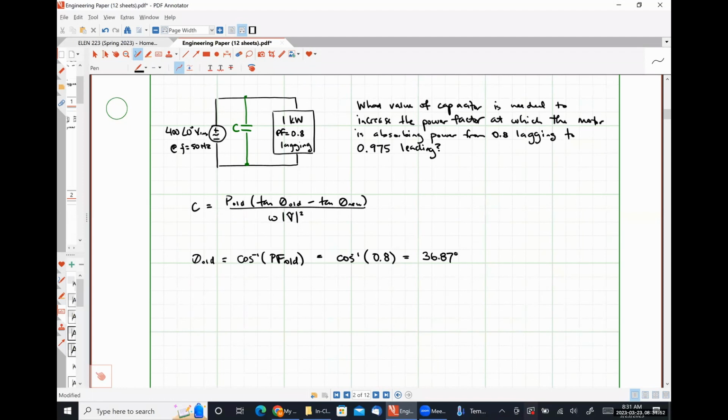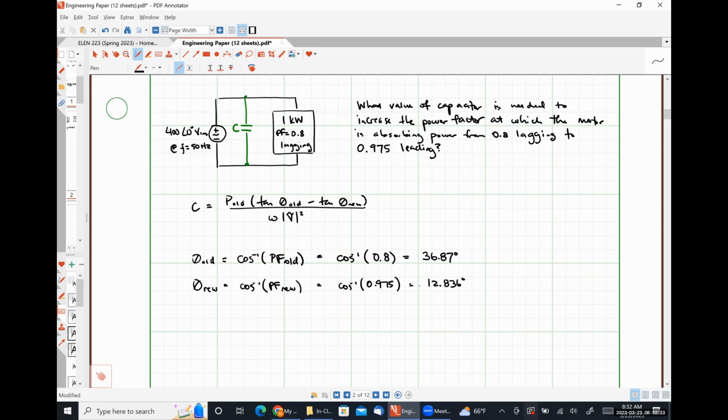We can do something similar here to figure out what theta new is, because we know what our new power factor is. So theta new is going to be the inverse cosine of PF new, which is the inverse cosine of 0.975, which is 12.836 degrees.